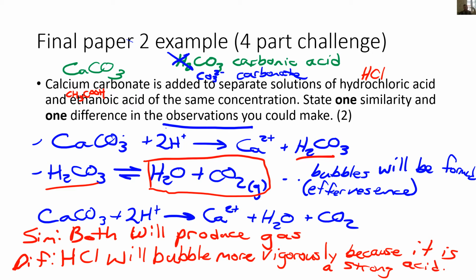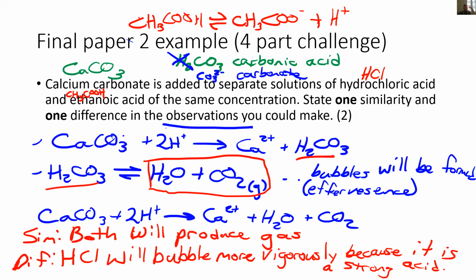I think you can just leave it like this. They're probably not going to want you to describe why ethanoic acid doesn't bubble as vigorously, but I'm going to explain it anyways. Since ethanoic acid is a weak acid, CH3COOH is at equilibrium with CH3COO minus plus H plus.